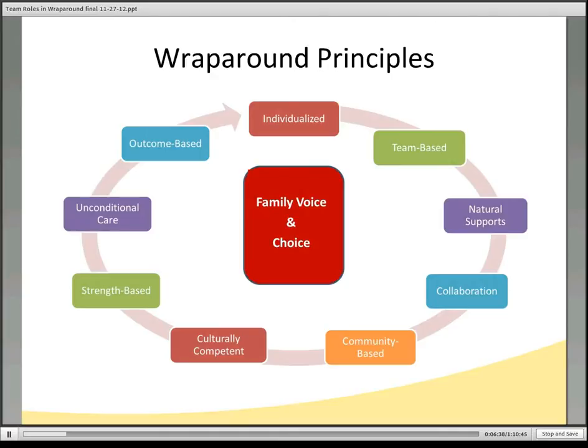But when we talk about infusing it into Wraparound, it's very purposeful in seeking out the things that not only the family does well, but also that the team does well, the strengths that the community has to offer, the communities that families live in, and purposely pulling those strengths out and using those in the planning process and using those as forms of motivation as well as using them to develop strategies in the plan of care, and building off the things that people do well: the parents, the youth, as well as the other team members, those mandated members that we're going to talk about, the natural supports, those family and friends, and also we can't forget that it's also about what the community has to offer and the strengths that might be present or unique in a certain community that might differ from another.